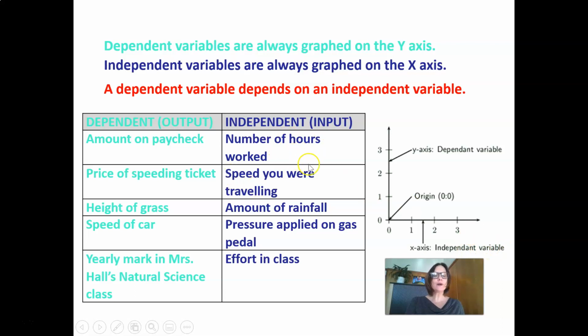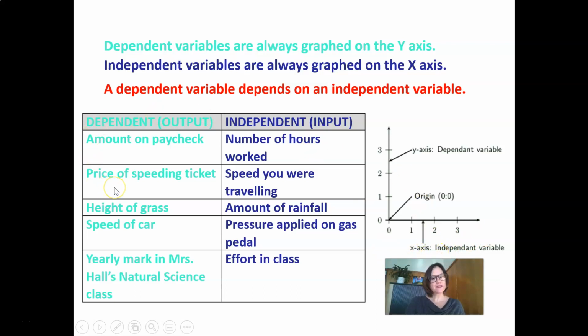How many hours did you work here? For 1 hour, you might have earned 100 Rand. For 2 hours, you might have earned 200 Rand. 3 hours, you might have earned 300 Rand. As a student, I doubt you're going to earn that much, but there's always hope. So basically, your amount that you earn depends on the number of hours you work, which would be graphed over here on the x-axis.